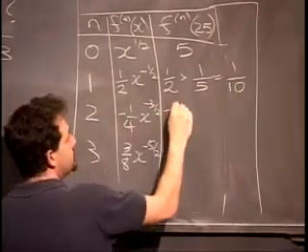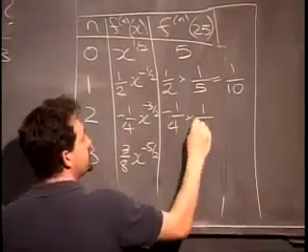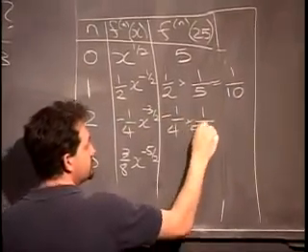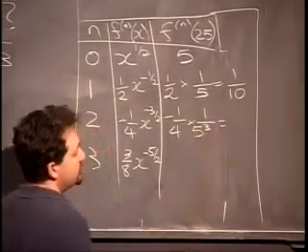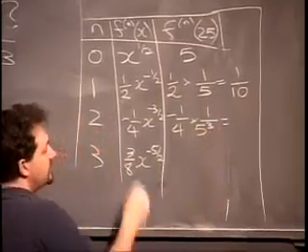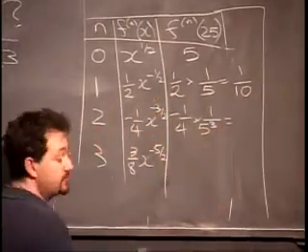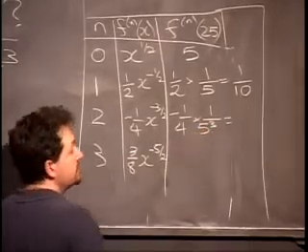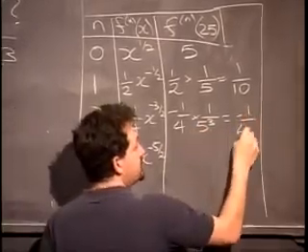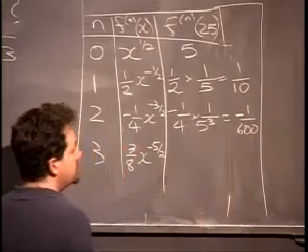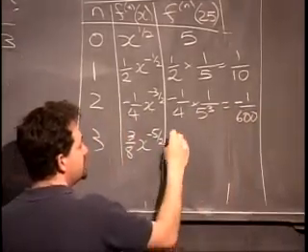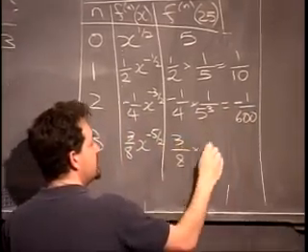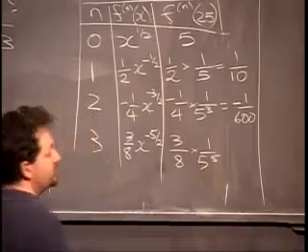Here I get minus 1/4 times 1 over 5 cubed. 5 cubed is 125. Right? 25 to the minus 3/2, by the way, is 1 over 5 cubed. So this is minus 1 over 500. And gee, this is starting to get hairy here. This is 3/8 times 1 over 5 to the 5. I don't even know what that is, so I'll just leave it.